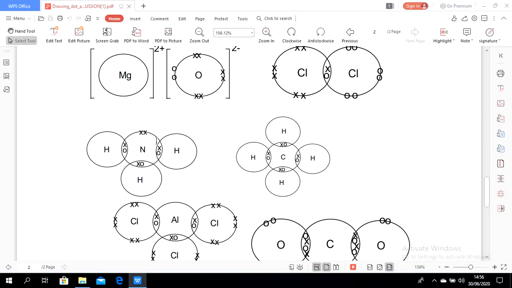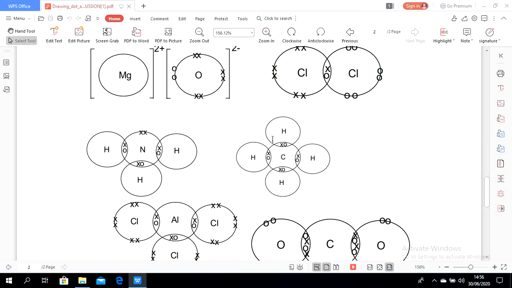Where is the 1 lone pair? Here. And then 3 bond pairs, nitrogen with hydrogen. So 3 bond pairs and 1 lone pair. It is trigonal pyramidal. The angle is 107 degrees.